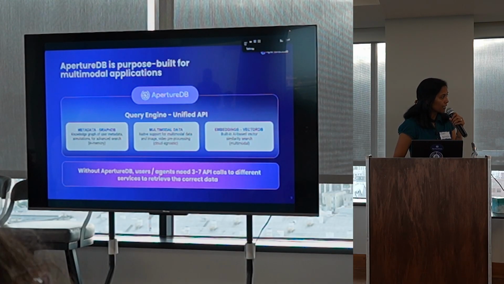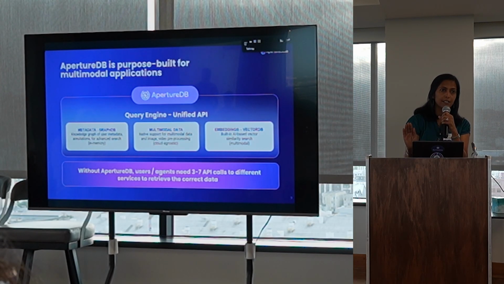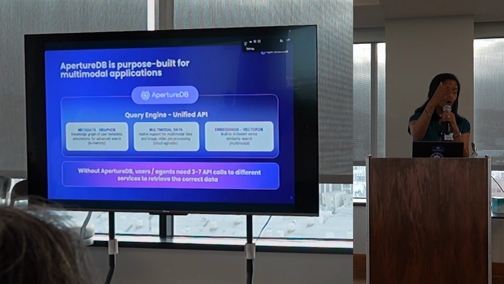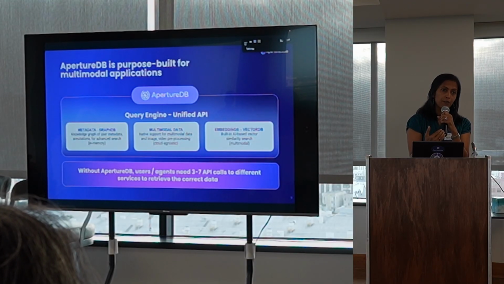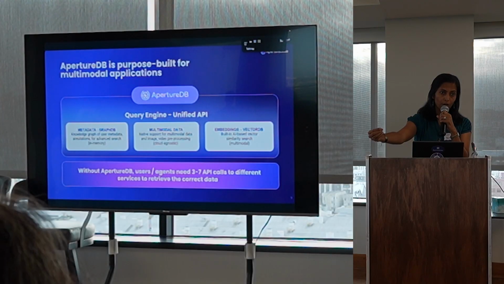And the beauty of having a unified API that ties all of these things together is not only can you do vector search, but in the same query, you can go over to properties and the structure in the graph, further filter the information you need, and get to the data you're looking for.